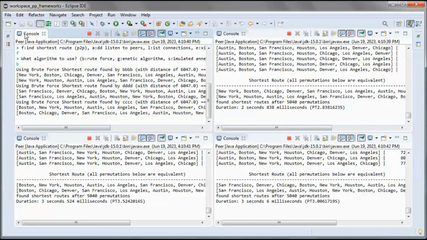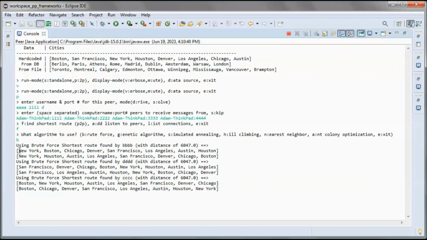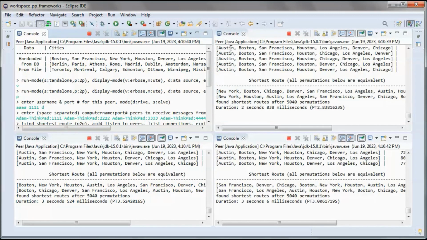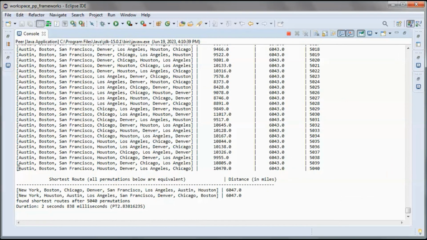So here we got 8 cities, but each one of the peers did permutations of 7 cities, and then added the starter city and found the shortest route.